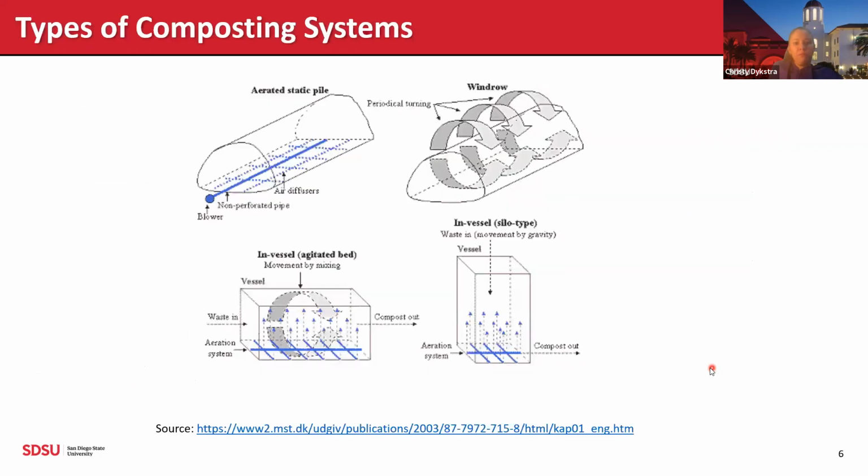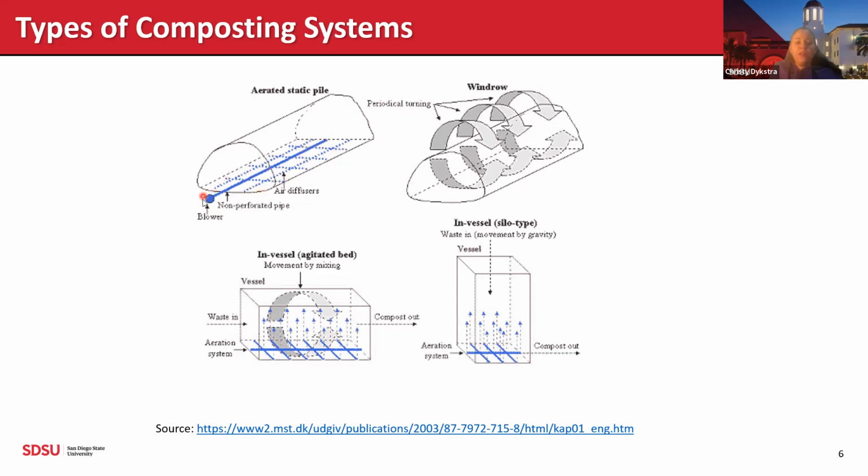But I want to first start with talking about how we get air and oxygen into these systems. We have different methods of doing that. So we have what's called an aerated static pile. This is where we have a big pile of our waste. We have a blower that has air diffusers that run across the bottom here.